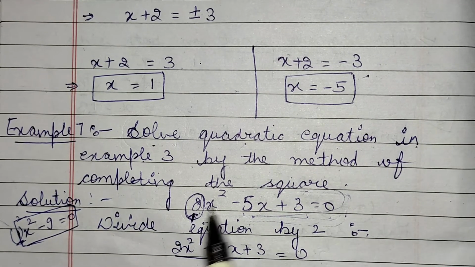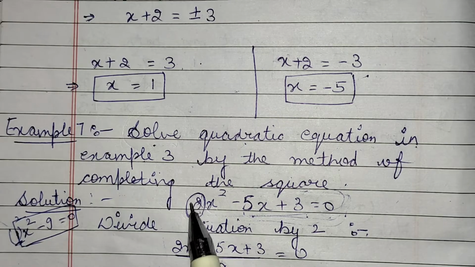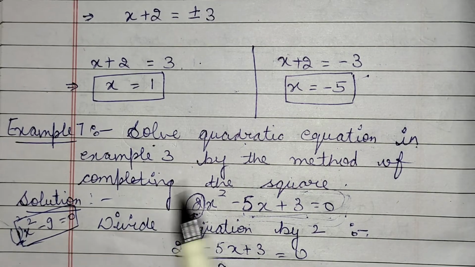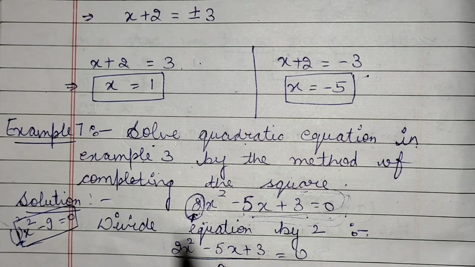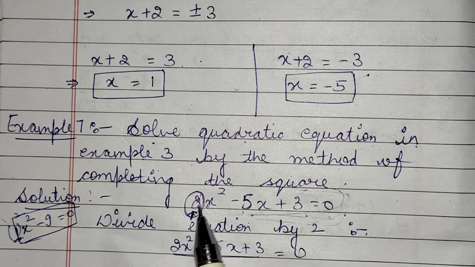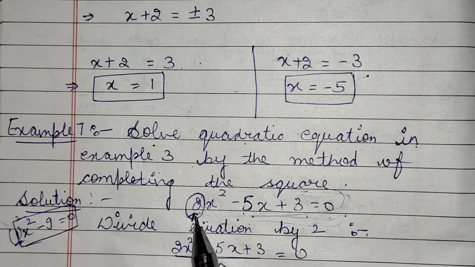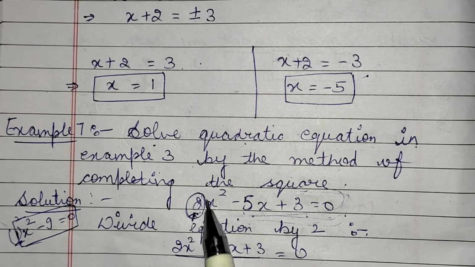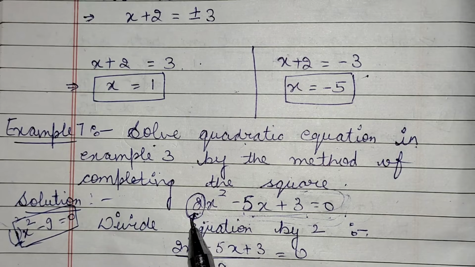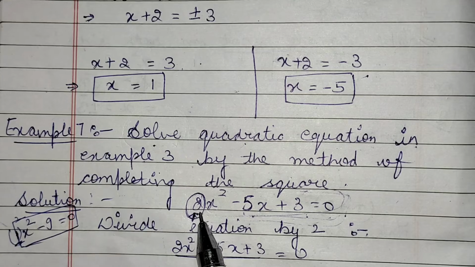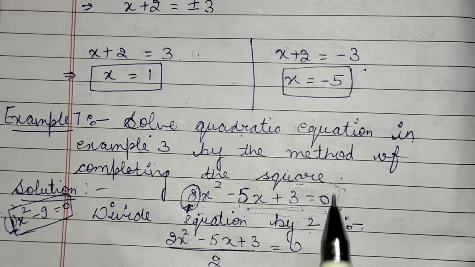So what is the first step you have to check while solving the equation by completing the square? The coefficient of x square should be equal to 1. Here the coefficient of x square is not equal to 1, so how can you make it equal to 1? You have to divide your given equation by 2.